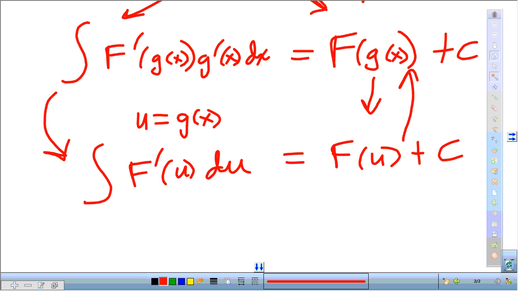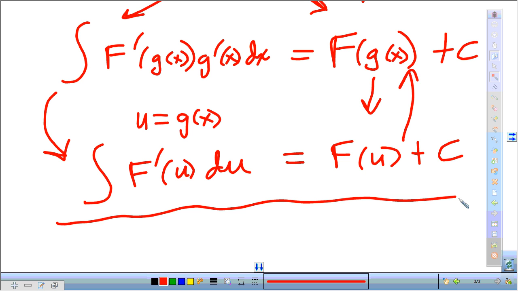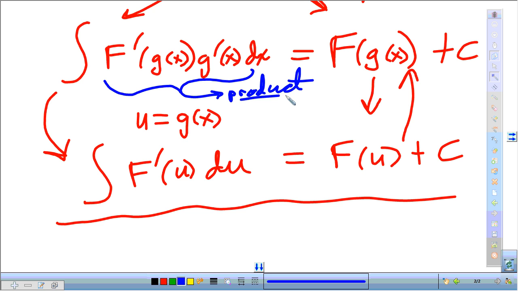So now, when might we attempt this? So the first thing is that we have this set up as a product to start with. So we'll look at something that we can look at as a product. One of the factors in the product, though, is going to be a composition.